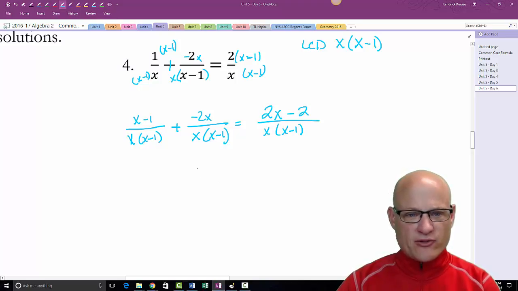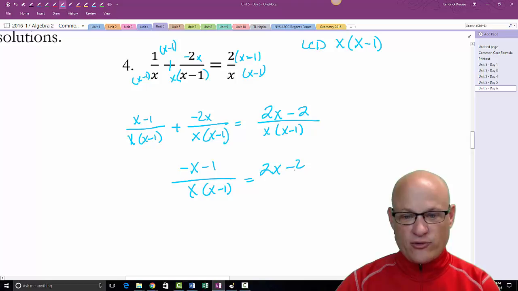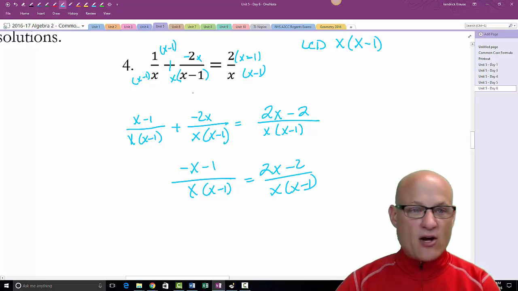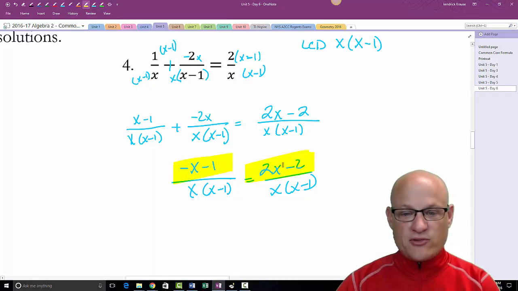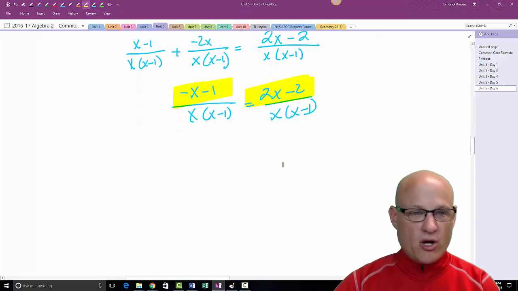All right, on the left, we're going to put all this stuff together because I have a common denominator. I can just add them. So that's negative x minus 1 over x minus 1 equals 2x minus 2 over x minus 1. So long as the denominators are equal, all I got to do is set these two things equal to each other, and I should be good to go.